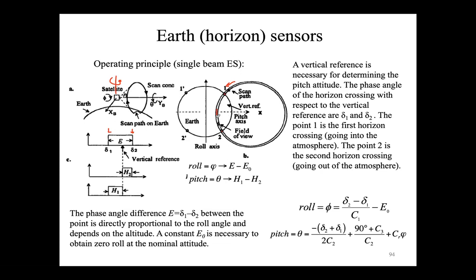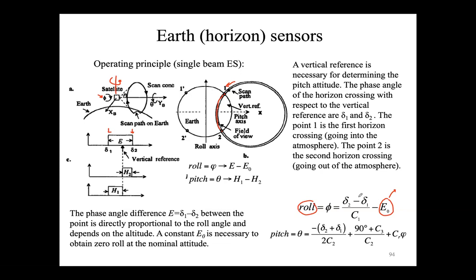So this intersection is directly related to the phi angle. The roll angle is directly delta 2 minus delta 1 divided by C1 minus E0, where E0 is directly related to the altitude of the spacecraft, because the shape of the Earth disk depends on the altitude at which the spacecraft is on its orbit.